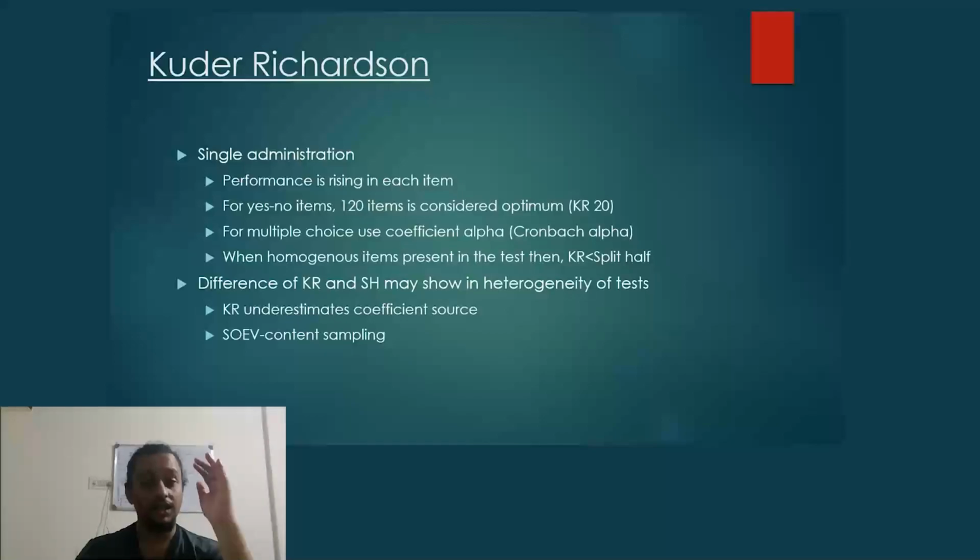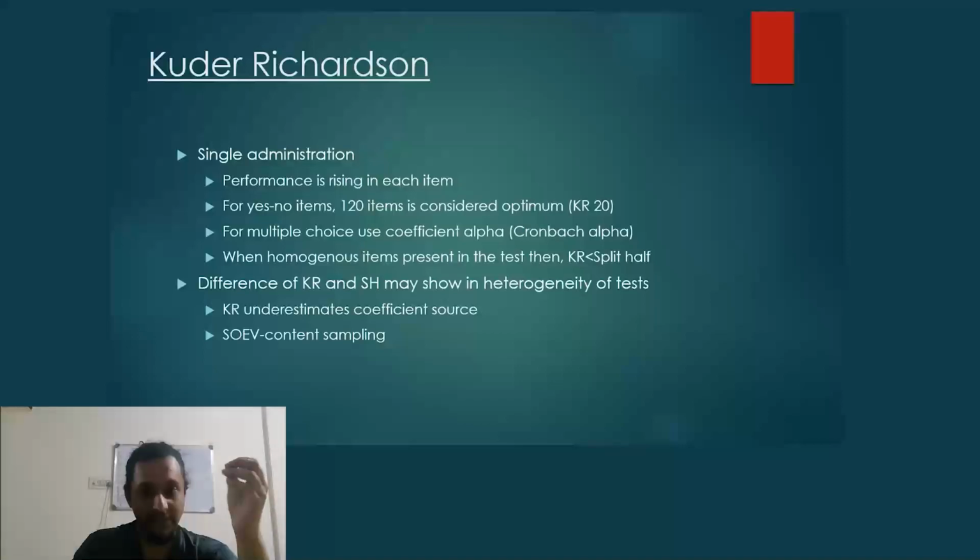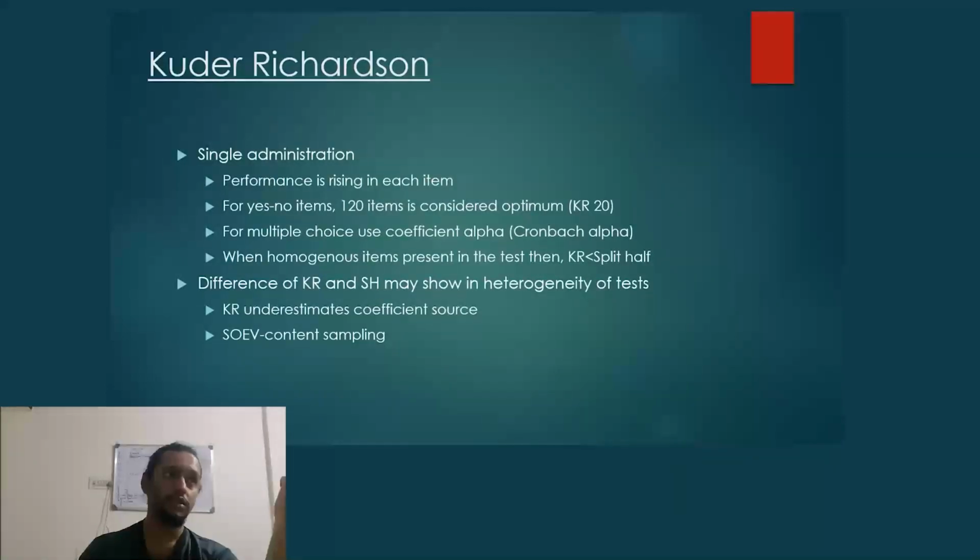If the entire questionnaire has homogeneous items, right? If the entire thing is assessing, say, personality only, in that case, split half is better than Kuder-Richardson. But if you have heterogeneous items, so one part assesses emotional intelligence, another part assesses motor flexibility, another part assesses empathy, right?